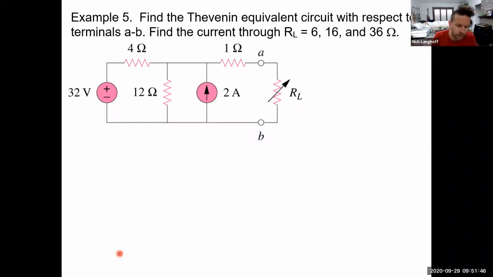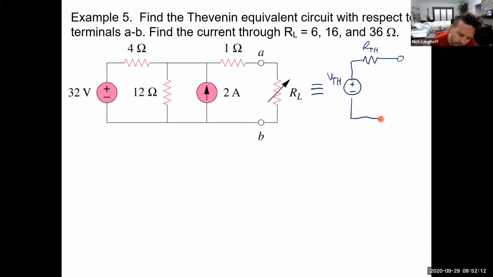So to visualize what we're going to do here, we're going to Thevenize this circuit and thereby figure out the Thevenin equivalent, where this would be R Thevenin, and this is V Thevenin.